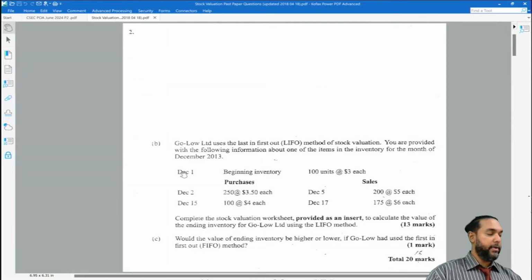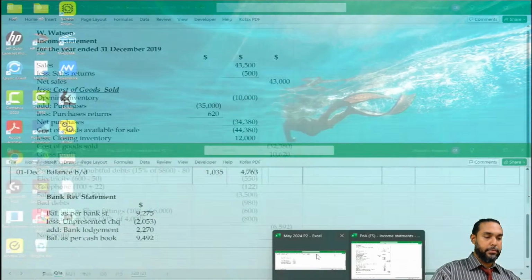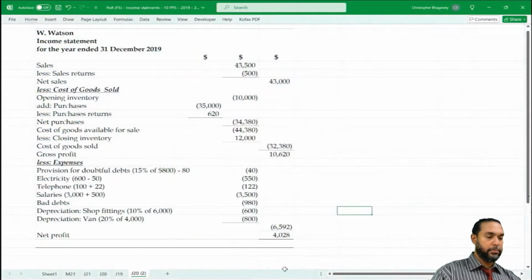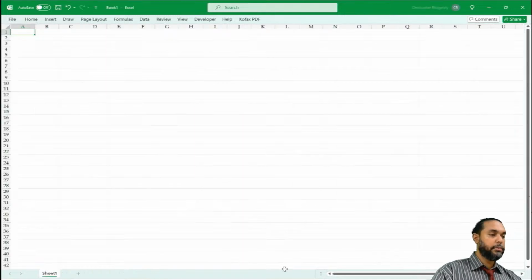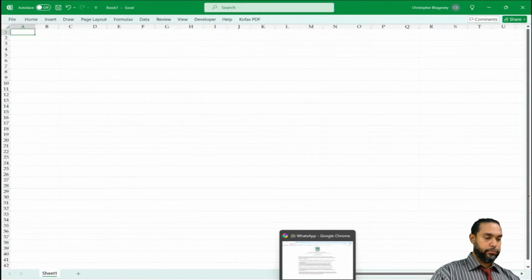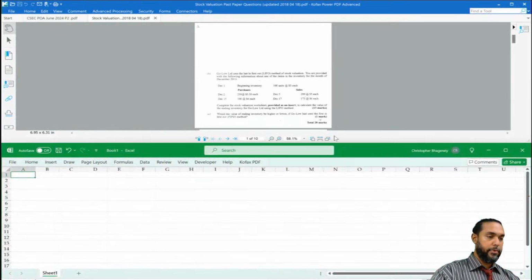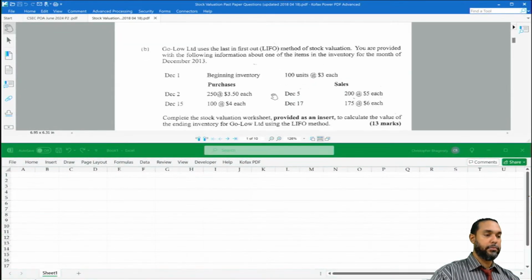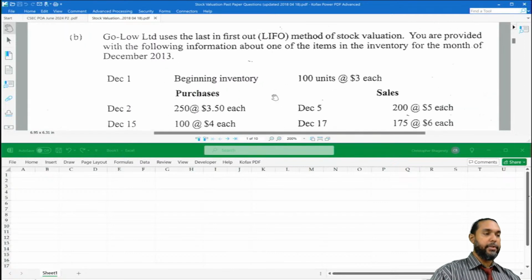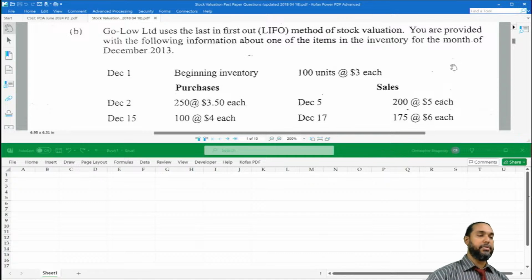All right, so we'll start with this item here. Right, so first one. So His Go Low Limited uses the last in, first out method of stock valuation.